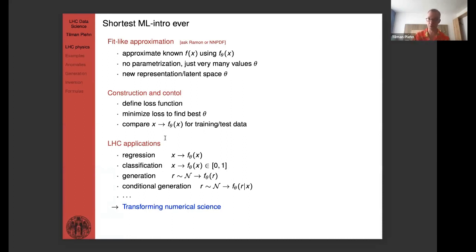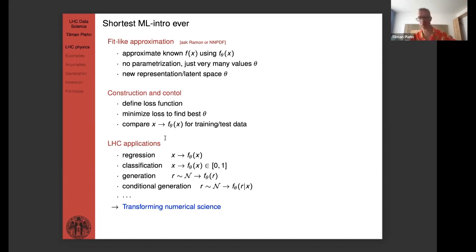One is simple regression, so learning a function. Then it's classification, where we learn a function that is the probability of something being something else, like the probability of a jet coming from a top quark, for instance. The next is generation, where our function maps random numbers from which we can sample onto phase-space configurations.